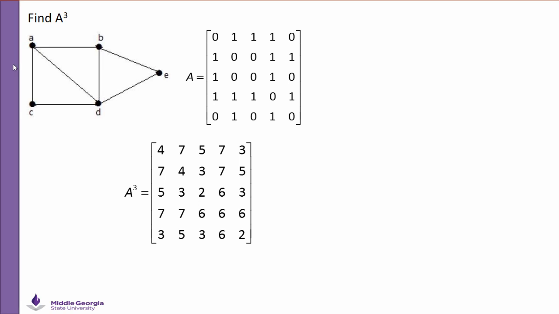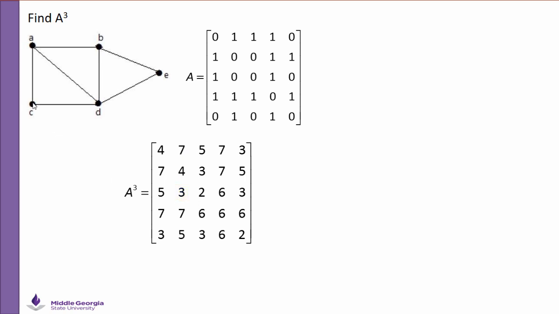Let's see what else. If we look at the third row, second column, there's a 3. This tells us that there are 3 walks of length 3 from C to B. Start at C and go to B. There should be 3 walks of length 3.